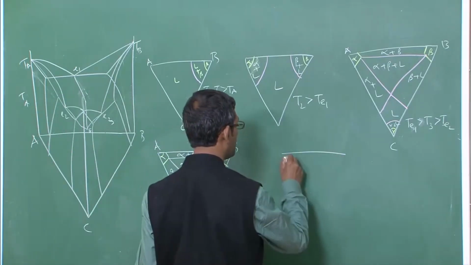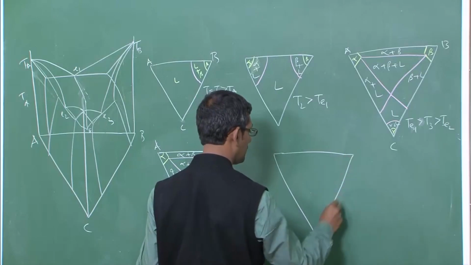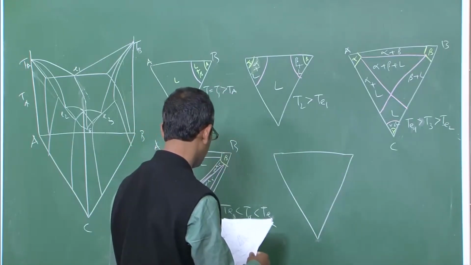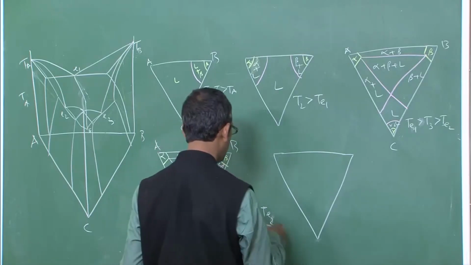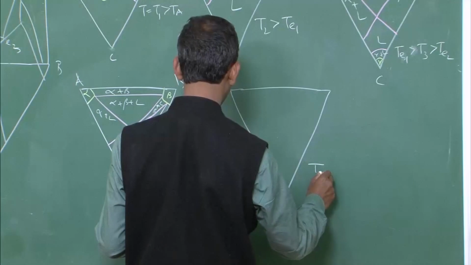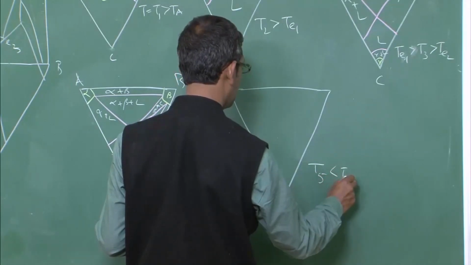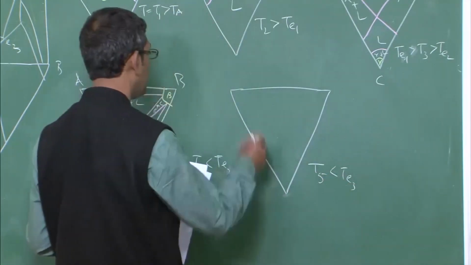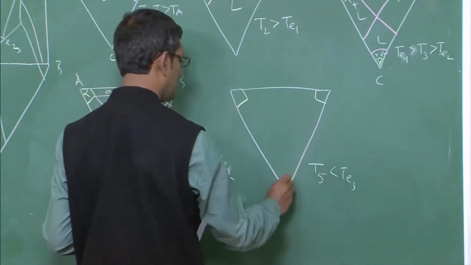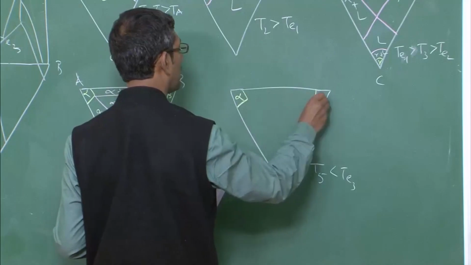Now, if you are below this T3, T2, so suppose T5 is less than T3, what will happen? You will have all the three triangles present, alpha, beta, gamma.